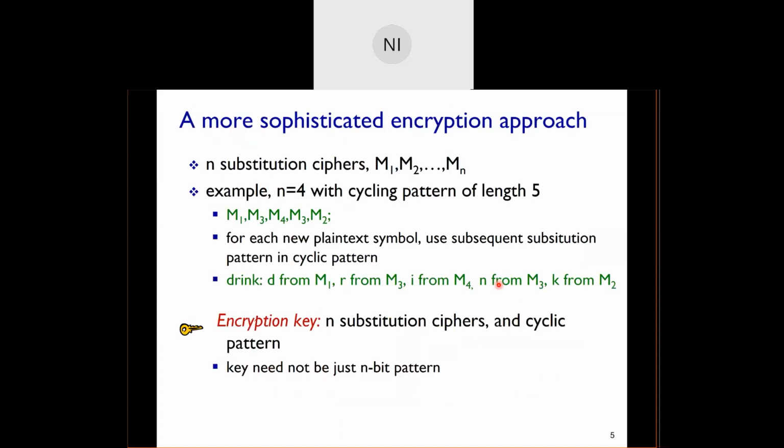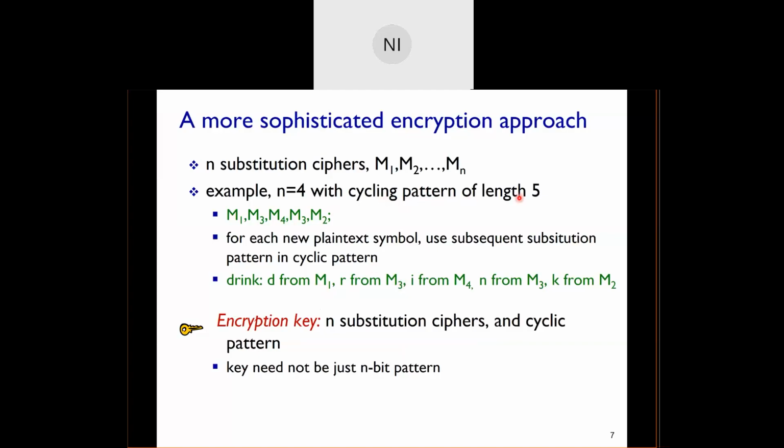So when you're trying to encrypt data, for example, if you want to encrypt, let's say, the word drink, the first letter is encrypted by looking at the substitution pattern that is available in M1. For the second letter you refer to the next one, because as I said, we have the cyclic pattern.